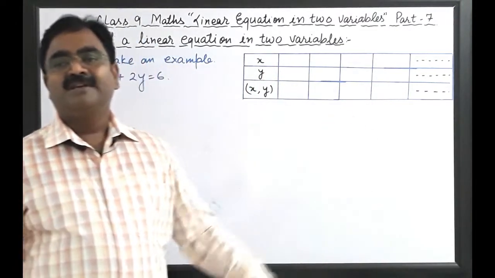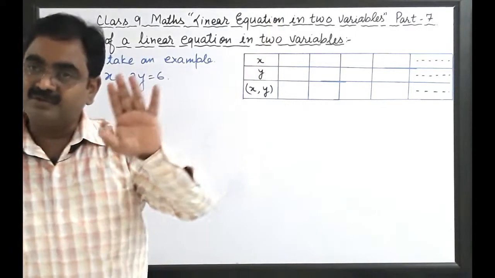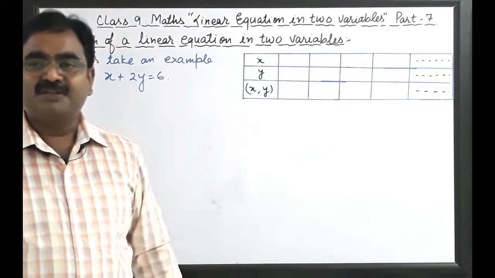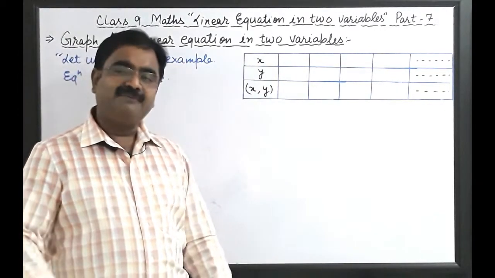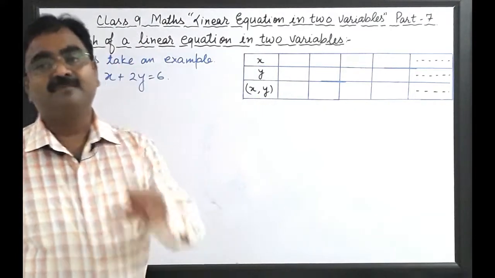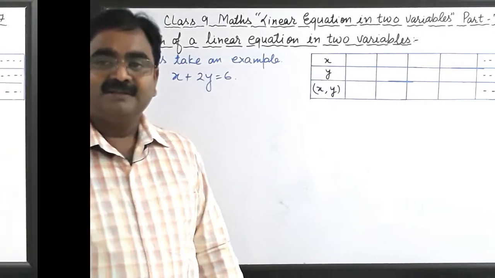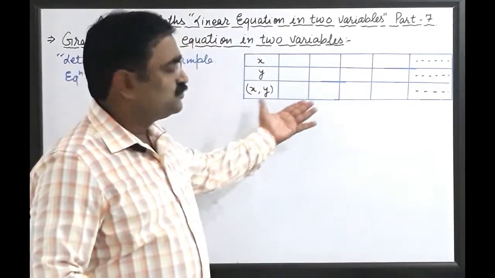It means your equation is right and your solutions are also right. So children, let us start. Let us start finding our solutions, and after finding the solutions we have to draw the graph of it also. Okay?